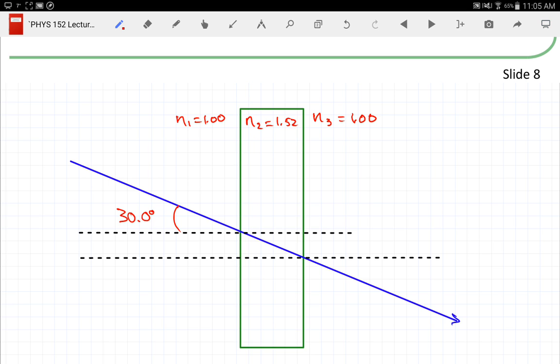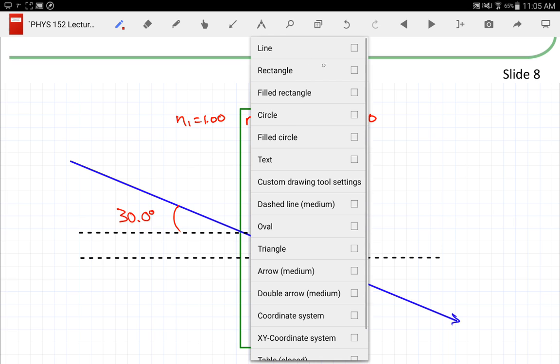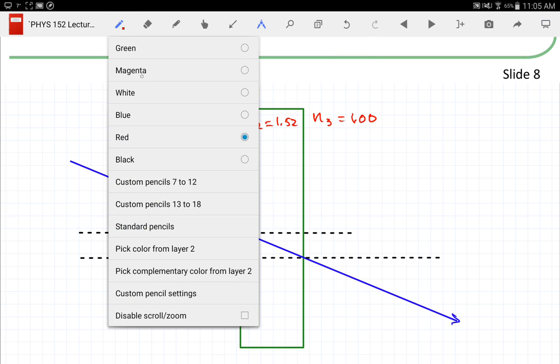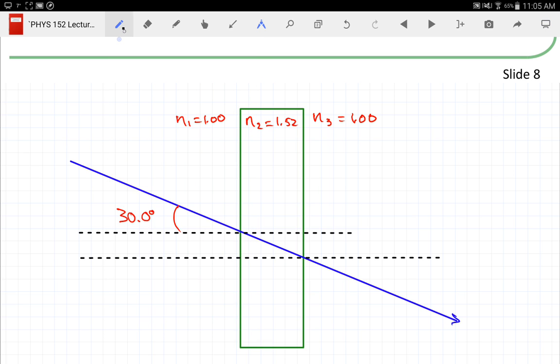Now we need to calculate what really happened. So when it hit the first surface, what happened? It'd be refracted. And which way is it going to be refracted? Toward normal. Because it's going from a faster to a slower medium, it's going to be refracted toward normal.